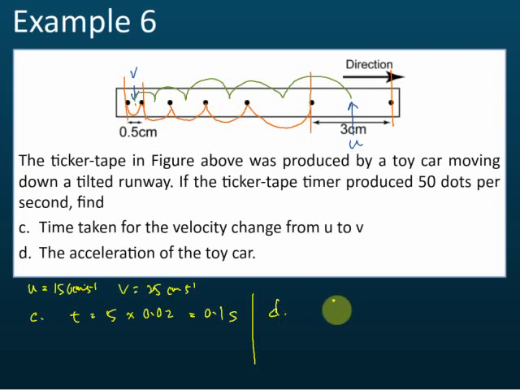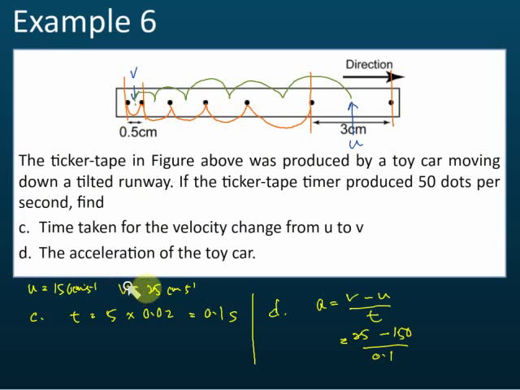D is acceleration, right? Acceleration A equals V minus U over T, final velocity minus initial velocity divided by time. So we already have our V, U, and T. V 25, U 150, and T 0.1.